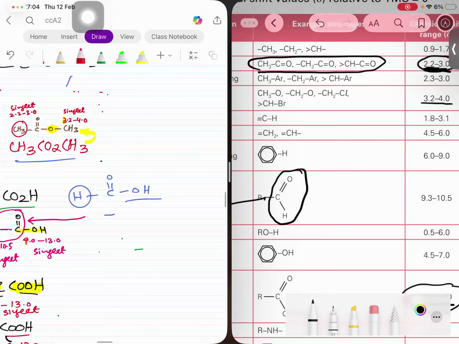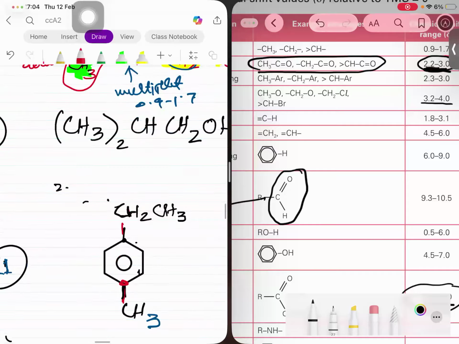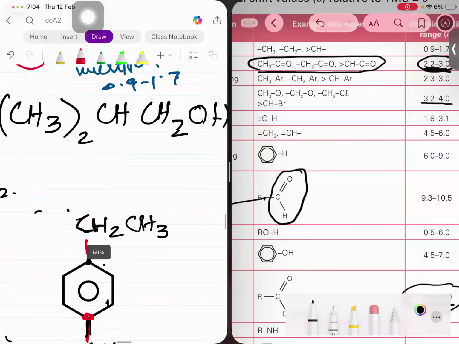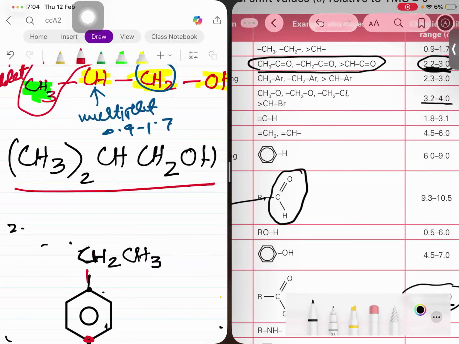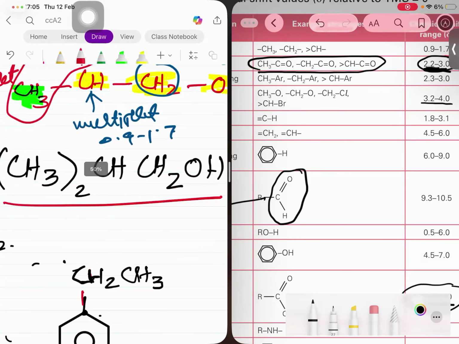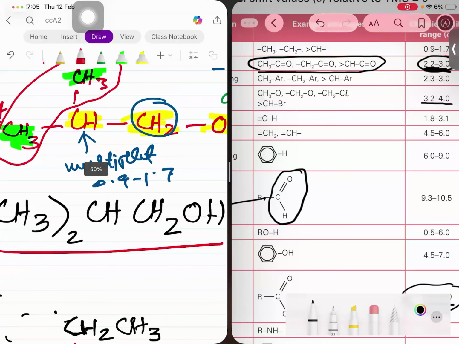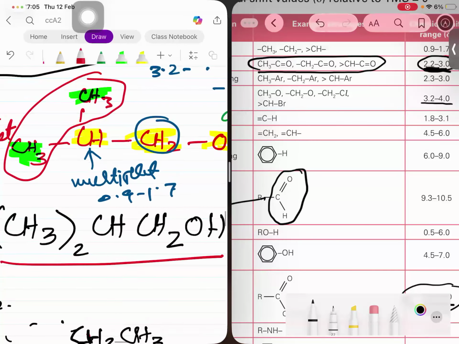Next is, what about this compound? What about this one? Aries. Relma. This one. No, that one.